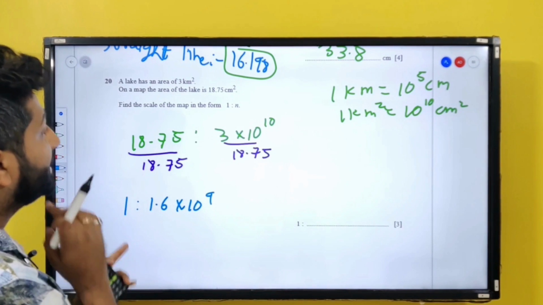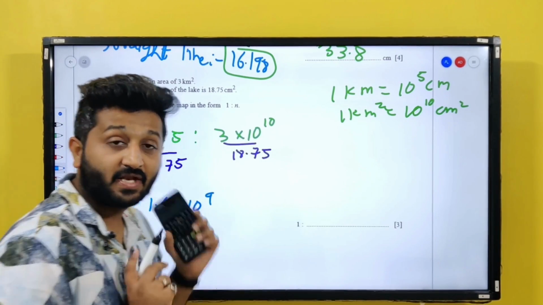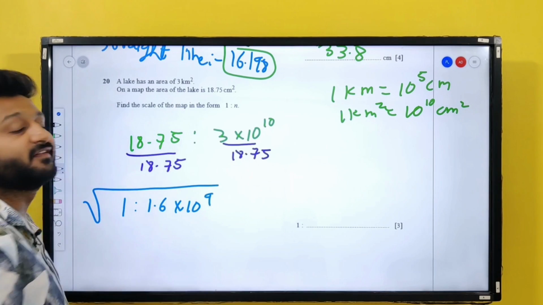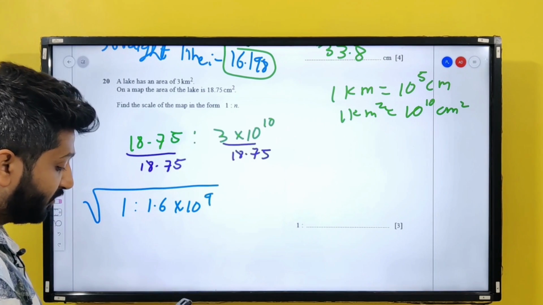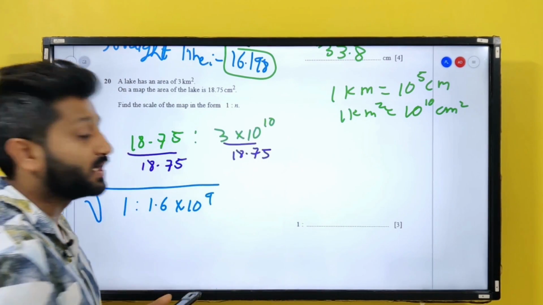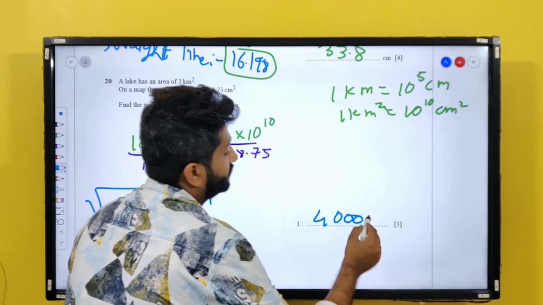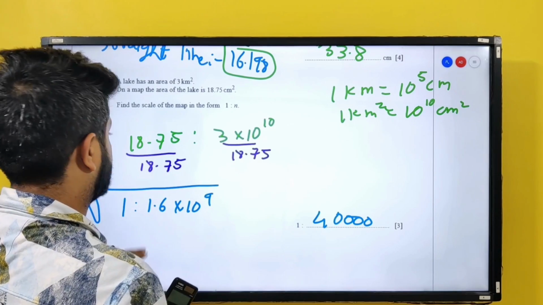Right? Now this was my area factor. In order to find the scale factor, you are supposed to take the root of the area factor. So root of 1 is 1. Under root of 1.6 into 10 raised to 9 is 40,000. So my final answer is going to be 1:40,000. Right? 1:40,000.